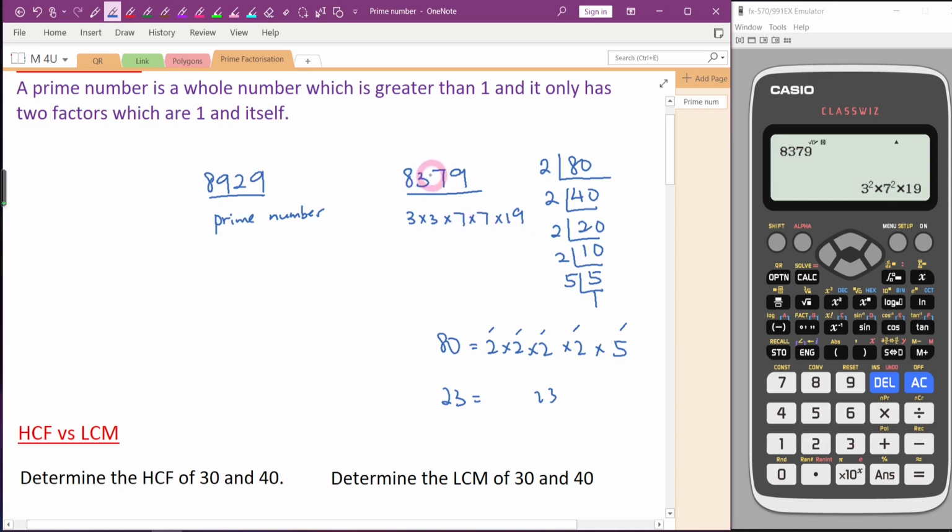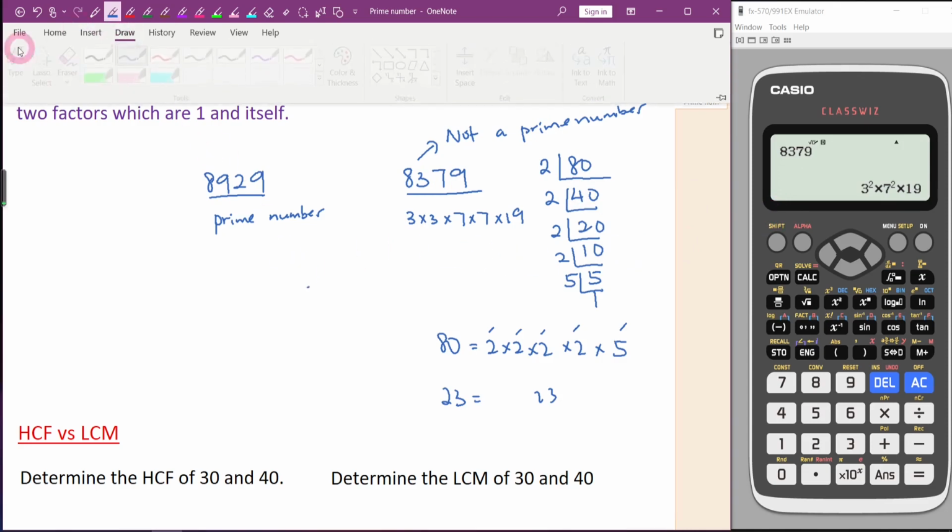Therefore, we can make a conclusion that this number is not a prime number. Or you can take a try: 3 squared times 7 squared times 19, you will get 8379. So this is how we use our calculator to help us do the prime factorization.